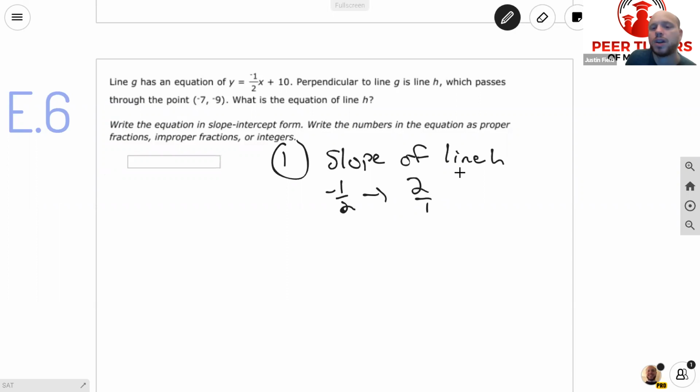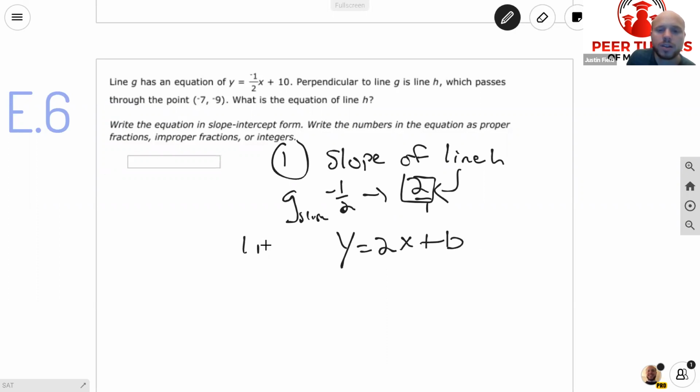So this is the G slope, and so this is the slope of line H. Okay, 2. Basically, 2 over 1 is 2. So that's the slope. So now we can write y equals 2x plus b.